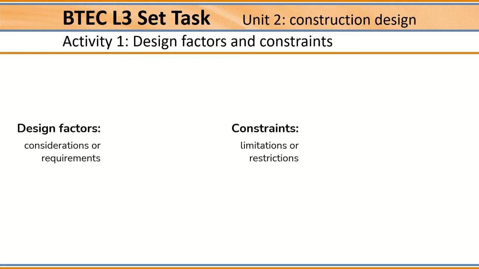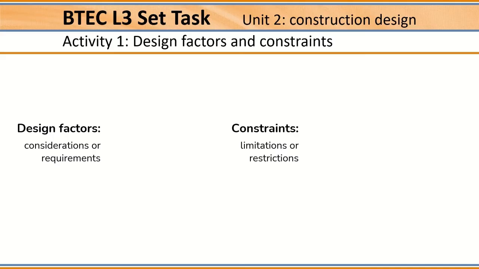Design factors are the considerations and requirements that designers need to take into account when designing a construction project. Constraints are limitations or restrictions that affect the planning, design, and construction of the project. They are important because they can influence various aspects of the project.